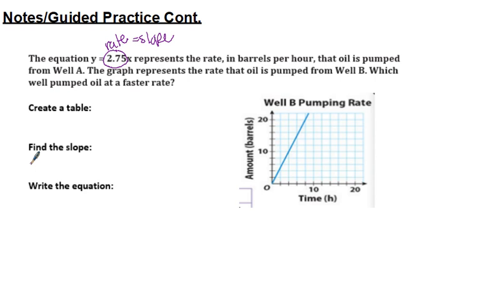So the slope for well A is just equal to 2 7/75. The equation for well A was already given to us. It was y equals 2 7/75 x. What we need to do is figure out what the slope and the equation for well B is. So I'm going to make a table for well B.